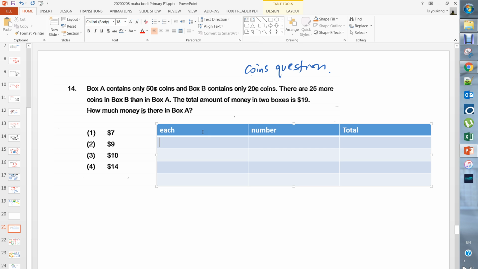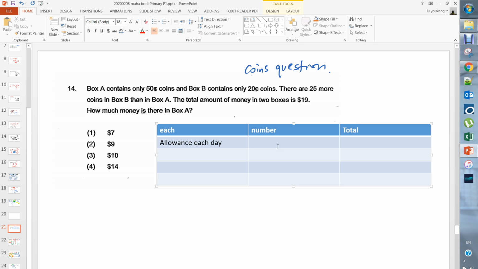Let me start with a simple example first. Let's say each day, how much is your daily allowance? $3. Okay, good. So this is allowance each day. How many days do you receive allowance a week?